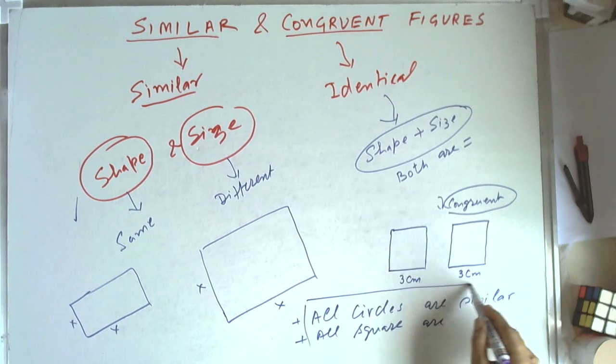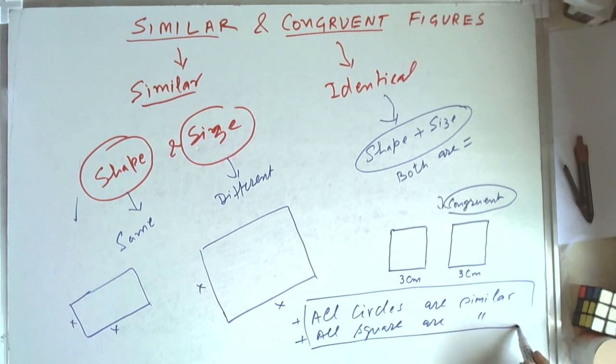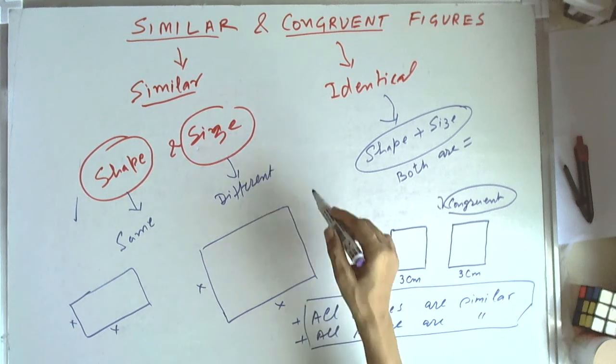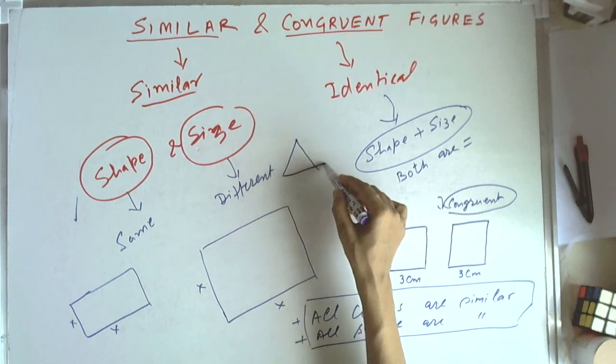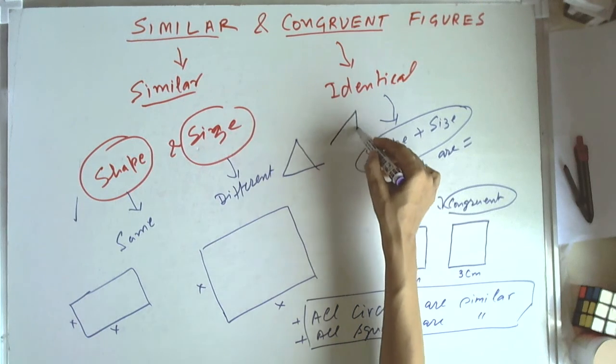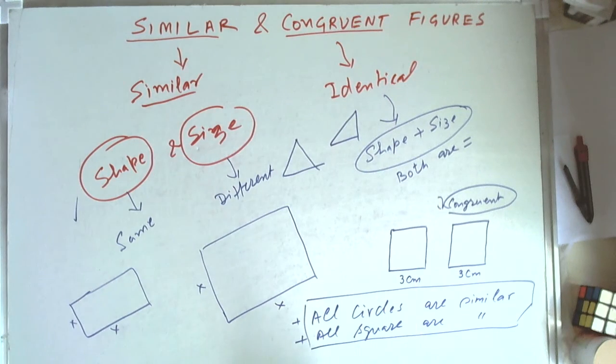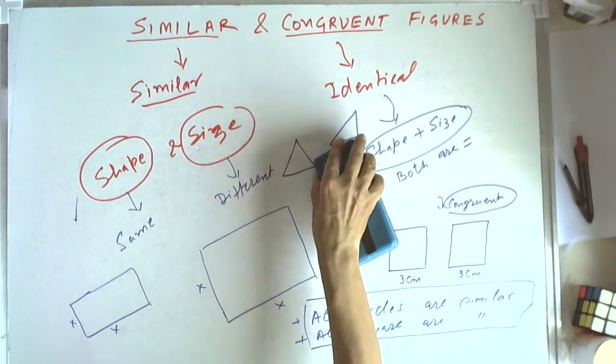So you must remember this. Whereas all rectangles and all triangles are not. Because if we take a triangle, one triangle like this, another triangle like a right angle triangle type, they are not similar. They are neither similar nor congruent.